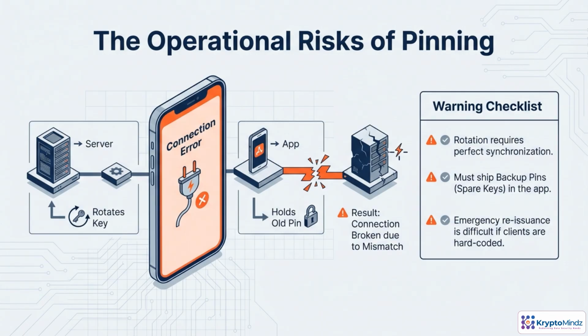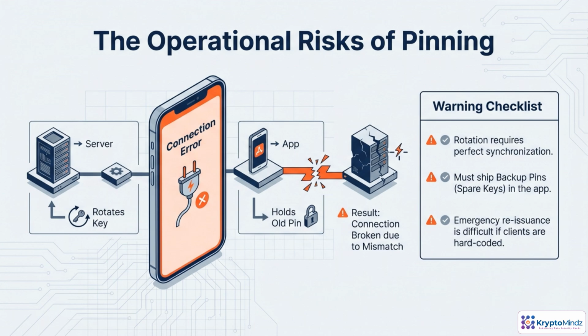Think about normal key rotation, or a move to a new CA. If the server updates its certificate, but users still have the old pin embedded in their app, all connections start failing. There's no graceful degradation. It's a hard error. To manage this safely, teams need tight coordination between app releases and certificate changes.